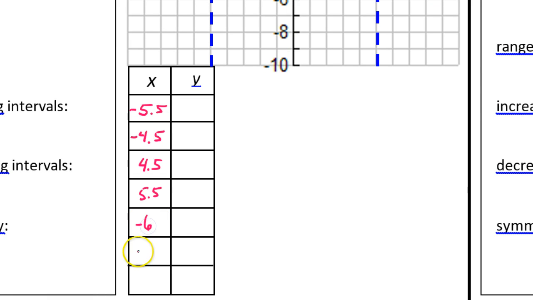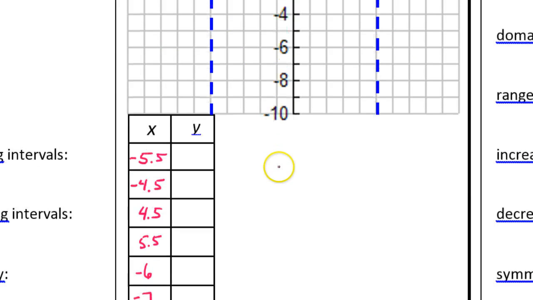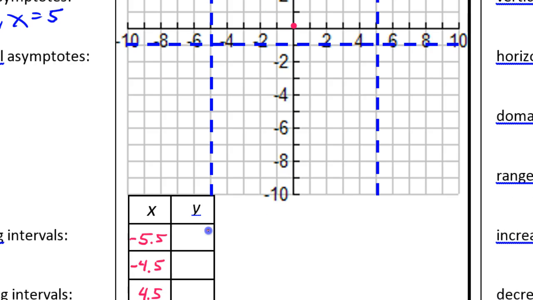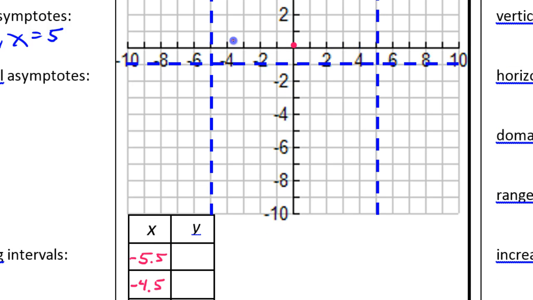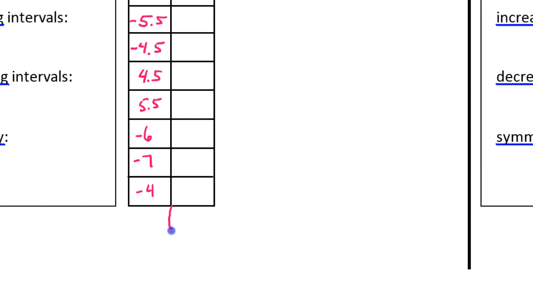Alright, I've already got the y-intercept, but I'm also going to do, let's say, -4, and then I'll do +4. I still like to be close to the asymptotes, spread out as much as possible, so I'll do -4 and +4.